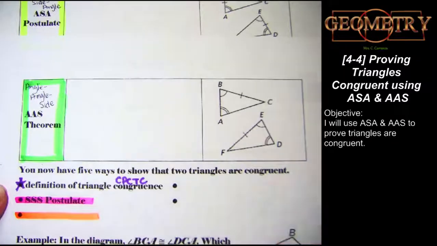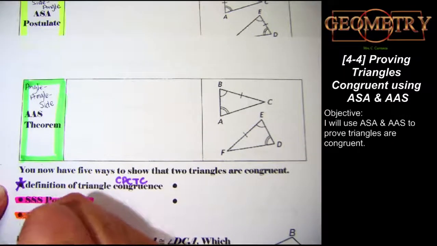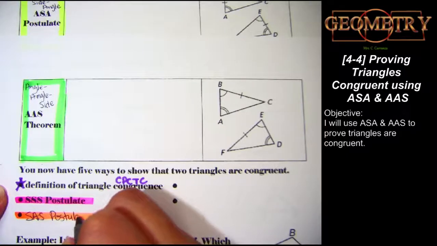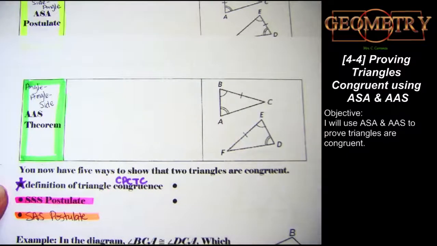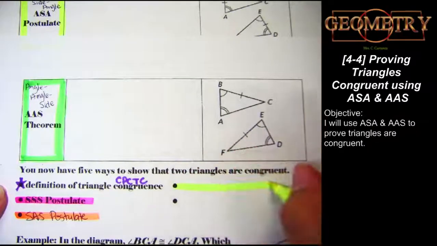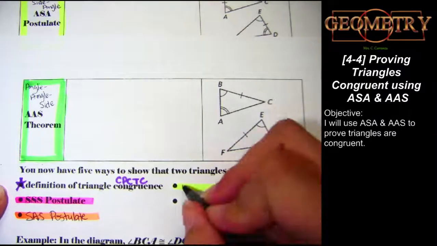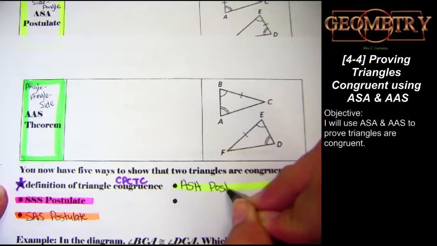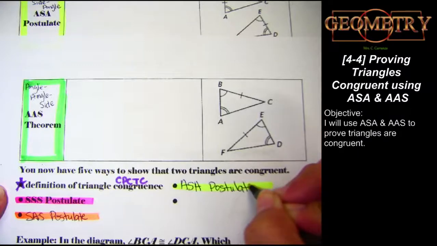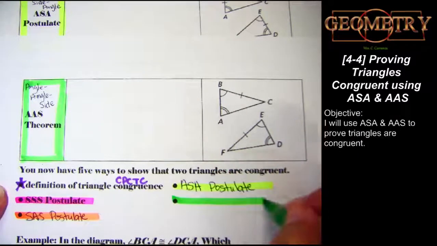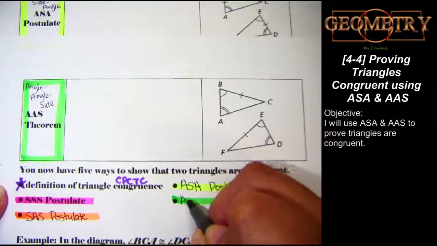We also had the SAS postulate, which stood for side, angle, side. And today we're adding ASA, which stands for angle, side, angle. And we'll be adding AAS, standing for angle, angle, side.